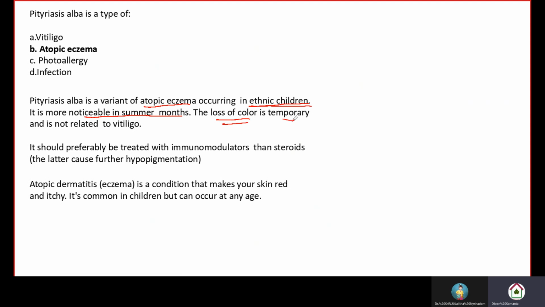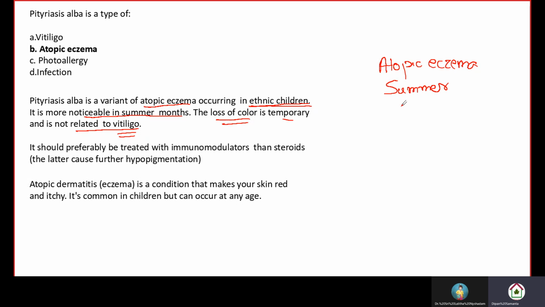The loss of color is temporary and is not related to vitiligo. So P alba is a type of atopic eczema, mostly noticed in summer months. The loss of color is temporary, not like vitiligo, which is permanent.